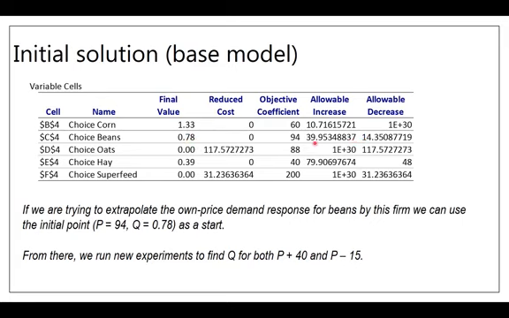But in between plus 40 and minus 15 approximately, that value will be stuck at 0.78. And so we just need to run new experiments in our optimization model for plus 40 to the bean price right here and minus 15, and we would get new points on the demand curve.